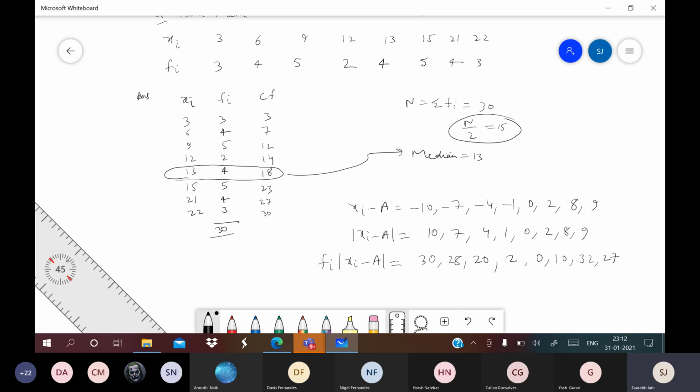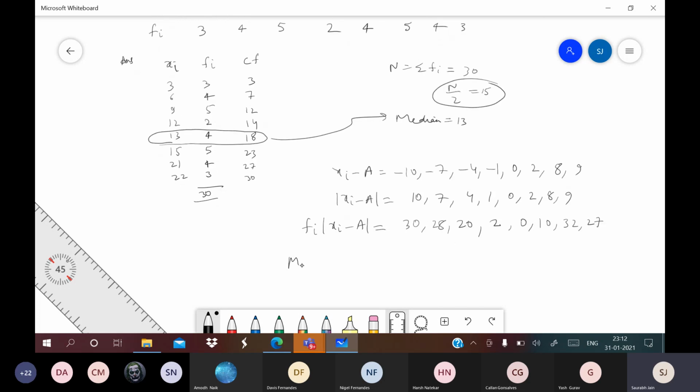Okay. Now we are at the last step where we have to find the mean deviation. Total number of frequencies is 30, and here we will add all these values: 30 plus 28 plus 20 plus 2 plus 0 plus 10 plus 32 plus 27.